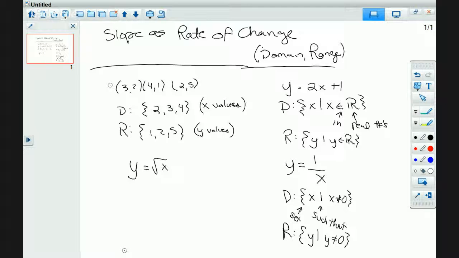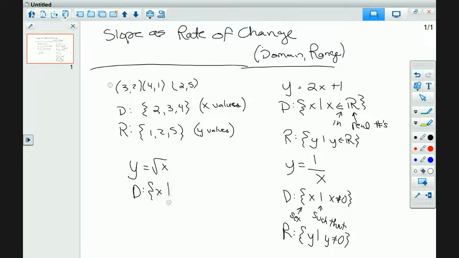Can I take the square root of a negative number? We did complex numbers, right? Right now we're not operating with complex numbers. The square root of -2, will I get a real number out of that? No.